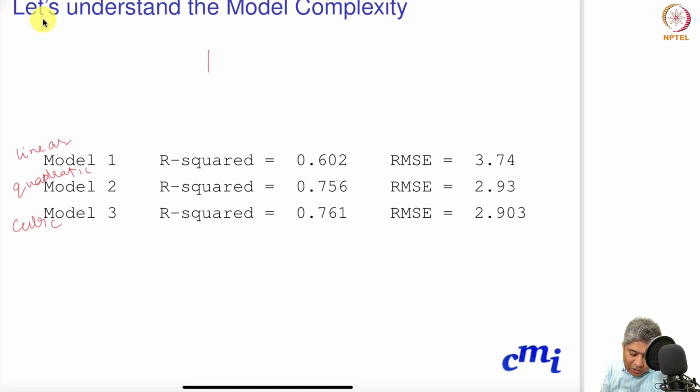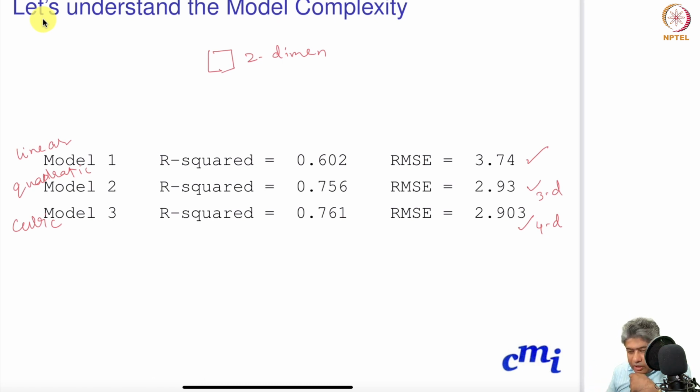Remember that my data is always in 2 dimensions. The linear model was also in 2 dimensions, but when we went to quadratic, it was put into 3 dimensions, and when we went to cubic, it was 4 dimensions. So what does it mean? It means we are increasing the complexity of the model. The model is becoming more complex.